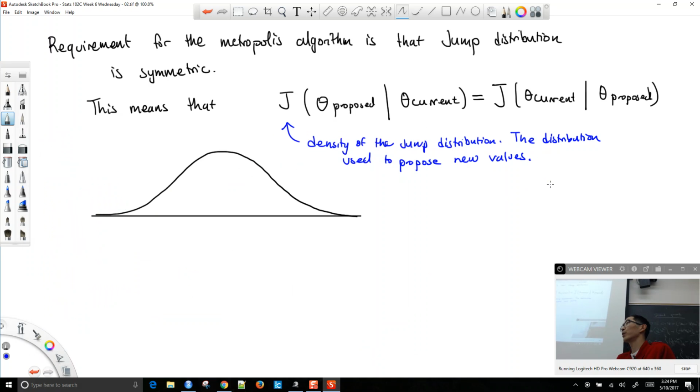In the context of the normal distribution, our jump function is rnorm. We just need one proposed value, and then we give it the mean and the standard deviation. So I guess the jump distribution is technically the PDF, dnorm, but effectively, when we use it to propose a value, we're using rnorm. As far as code goes, we use rnorm to propose a new value.